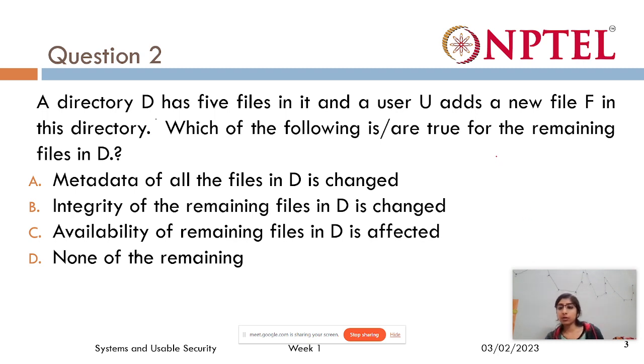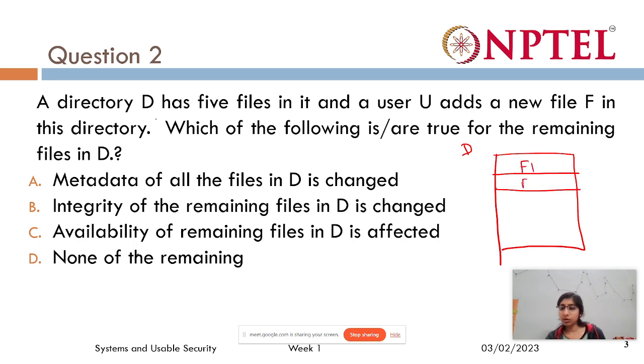So you can think of it like this. This is a directory that is D. It is already having 5 files: F1, F2, F3, F4, and F5.